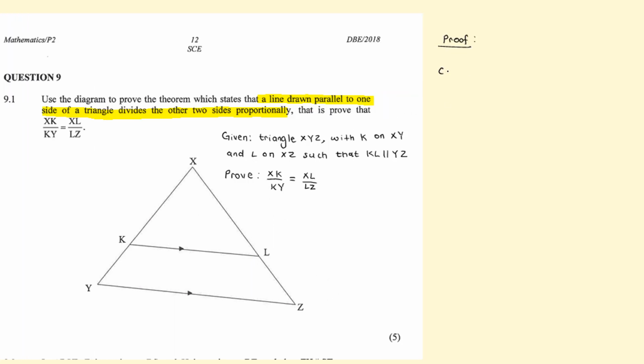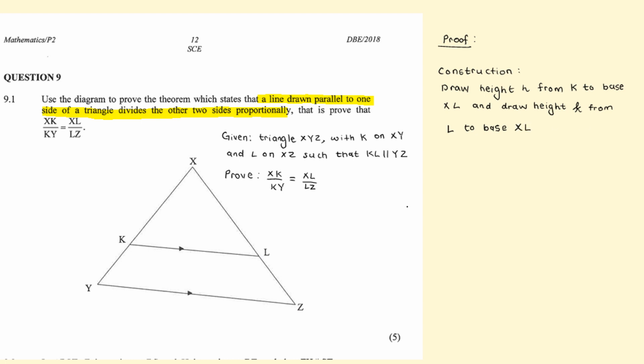But for this proof, you need to start off with a construction. You're going to tell them you need to draw height H from K to base XL, and draw height K from L to base XK.